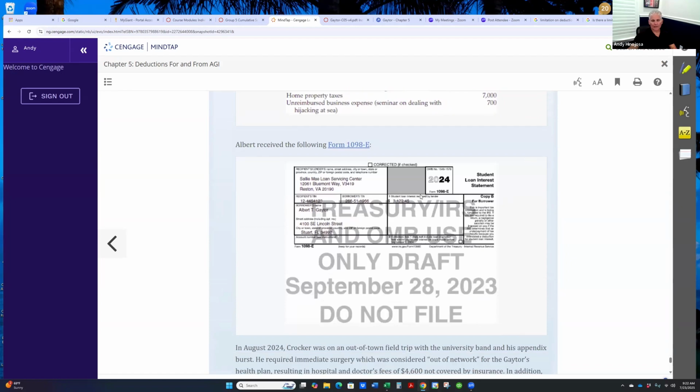We also have a reference to a Form 1098-E, which is a student loan. Now, the student loan interest would be considered a deduction for AGI. In other words, it's above AGI. So let's enter that in a separate area. We're going to go back to the tax return.